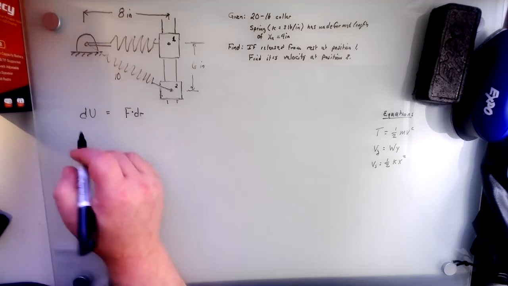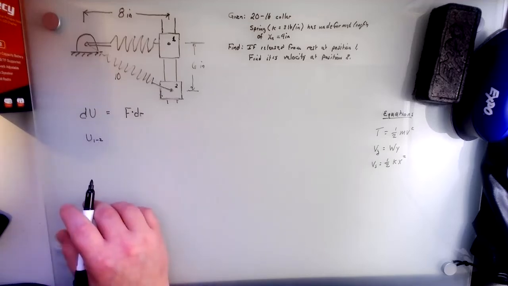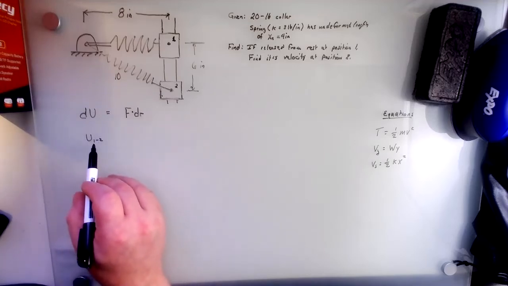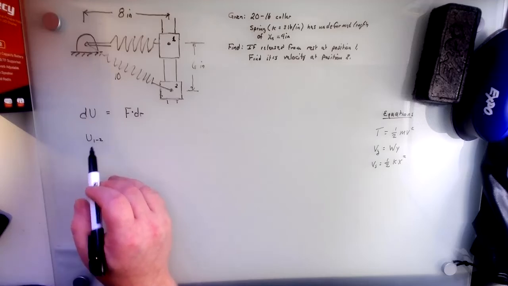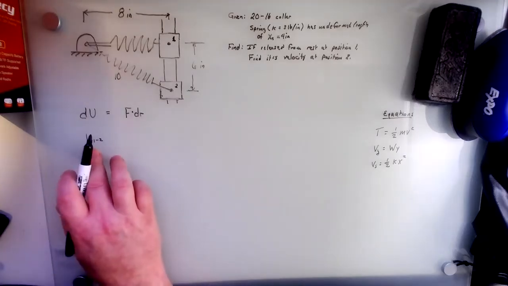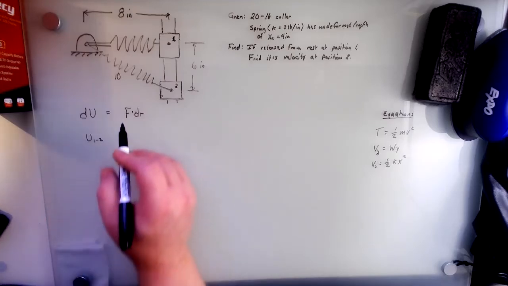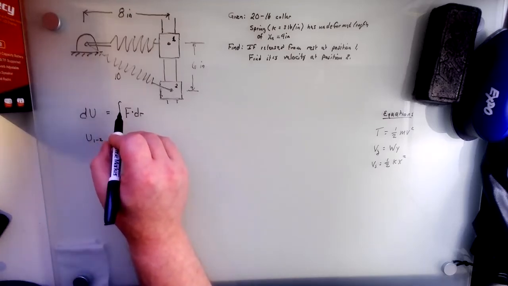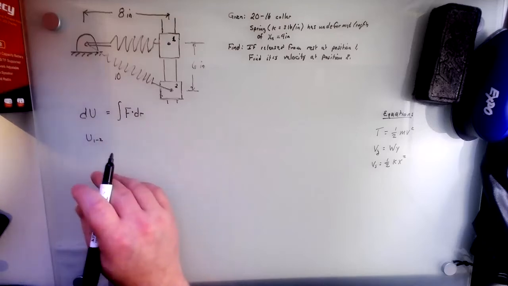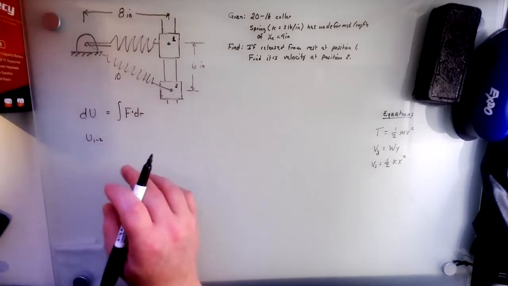And when we solved this, we got U 1 to 2. And this is the work from position 1 to position 2. Well, this implies that we are going in one direction. And so we integrated and we got from position 1 to position 2.